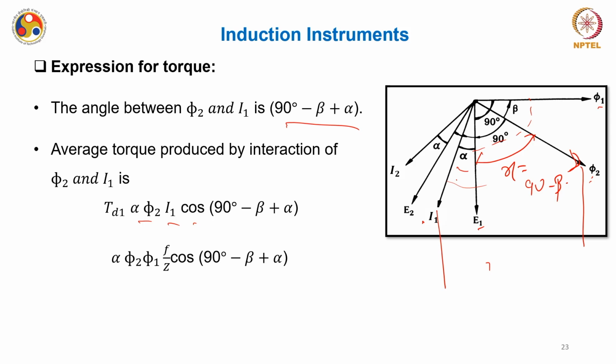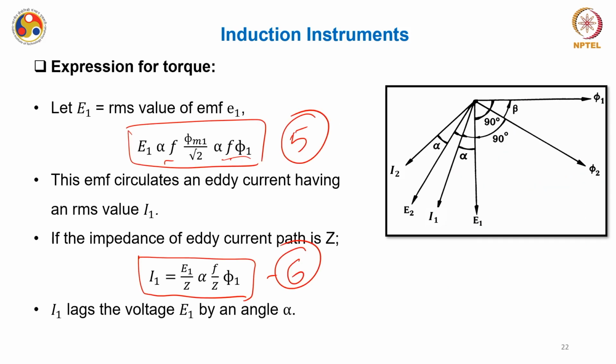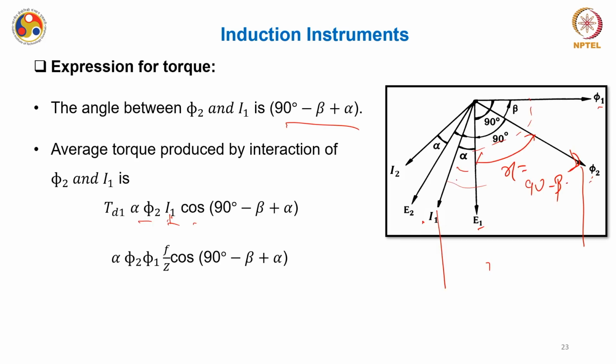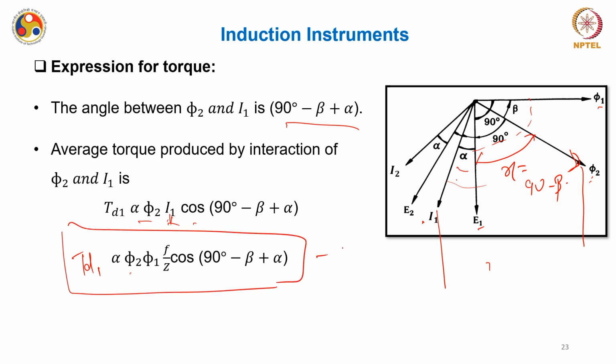We have assumed from expression 6 that I1 is directly proportional to f by Z into phi 1, so I can replace I1 by phi 1 into f by Z. So TD1 is directly proportional to phi 2 into phi 1 into f by Z into cos of 90 minus beta plus alpha. I am calling this expression 7.